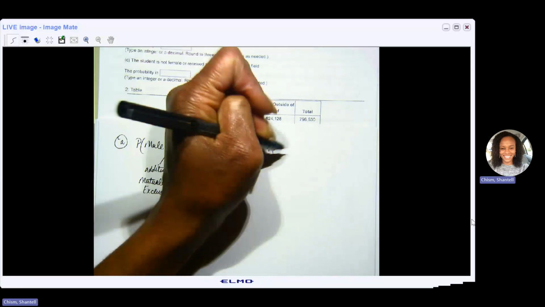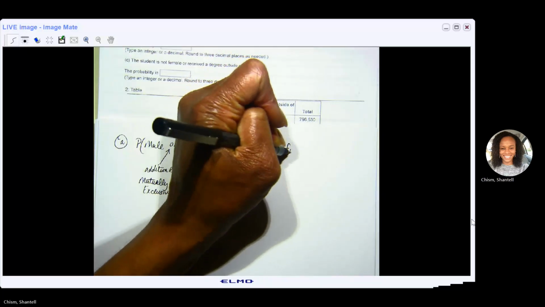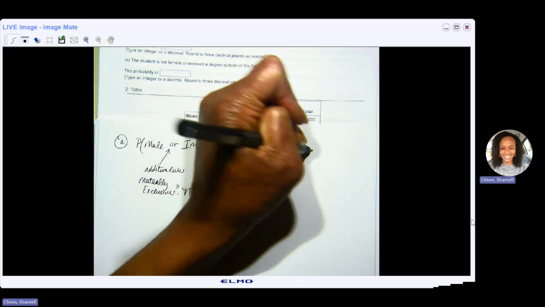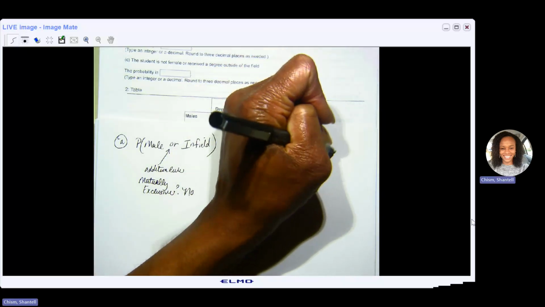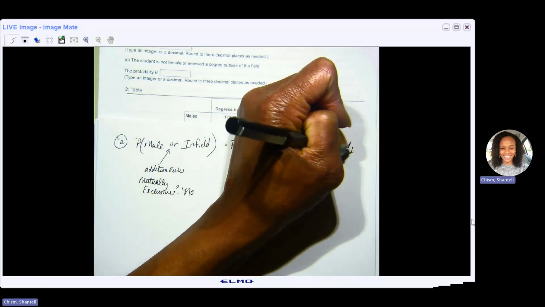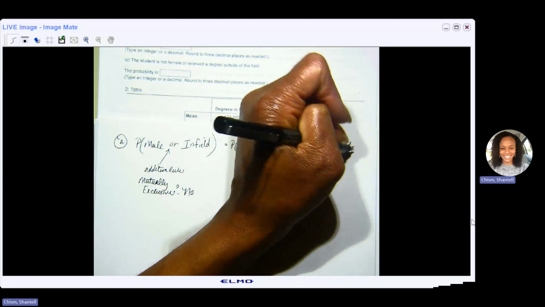We say no. So when we get ready to apply the addition rule, we have to do the extended addition rule. We have to say the probability of selecting a male plus the probability of selecting a student who earned a degree in field minus the probability of selecting a student who is male and earned a degree in field.